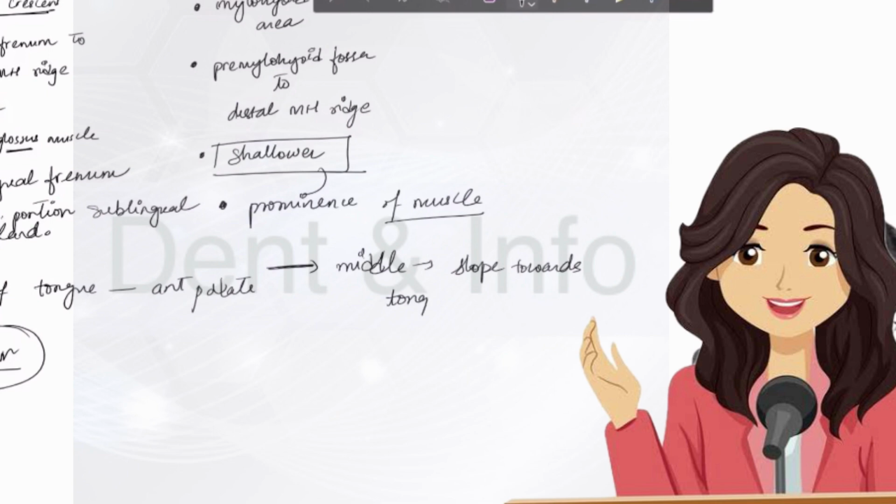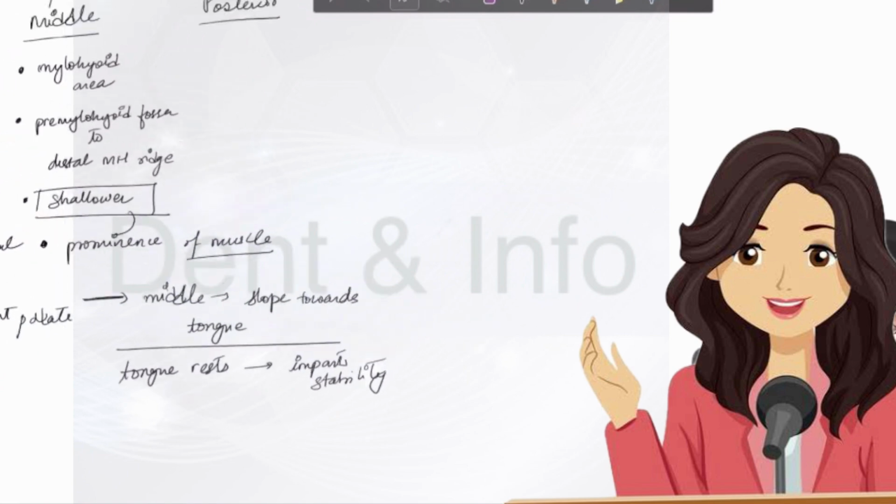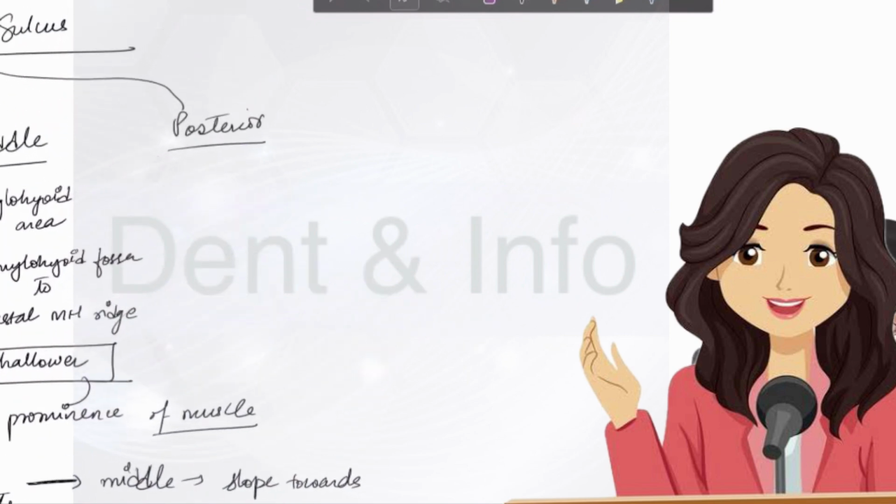The tongue rests on it, and this imparts stability to your denture, right? So that is how the second, or middle part, of your alveolingual sulcus is.